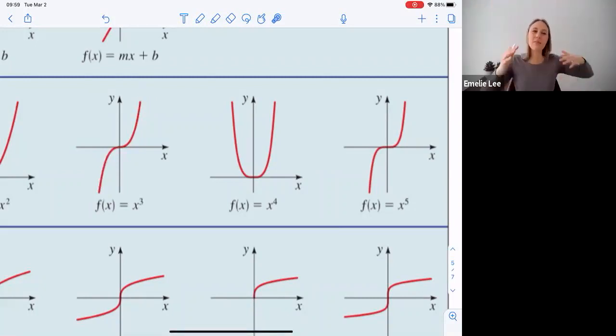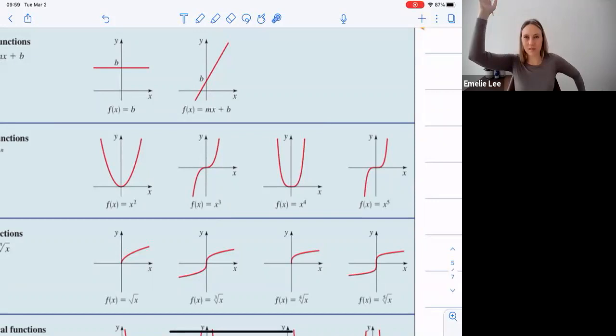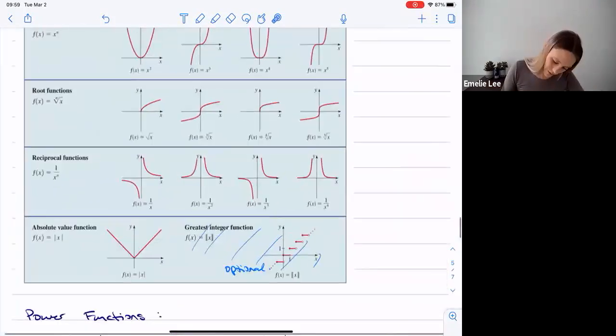Same thing with x to the power of 5, except it sits down on the x-axis a little bit more. So what I want you to do is look at these and see how things change. You can use Desmos and map a few more of these, but in general, if you have an odd degree, the behavior is going to be like this. If you have an even degree, it's going to look like this. So let's write that down.